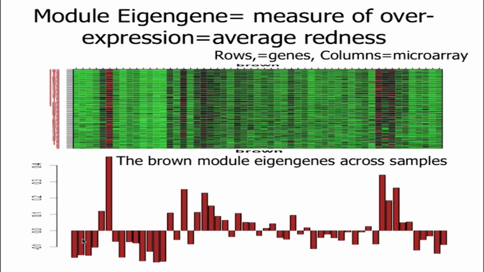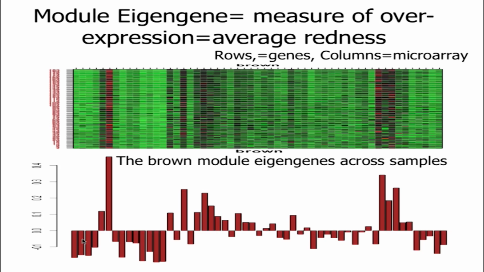So let me start out by studying one particular module, the brown module. So the rows of the heat map correspond to genes. The columns are different human subjects. And what we observe is, for example, there's one microarray where all the genes take on a red value, meaning they're all overexpressed in this human being. And in these human beings, they're all green, they're underexpressed. And so the module eigengene is really a weighted average of these genes.